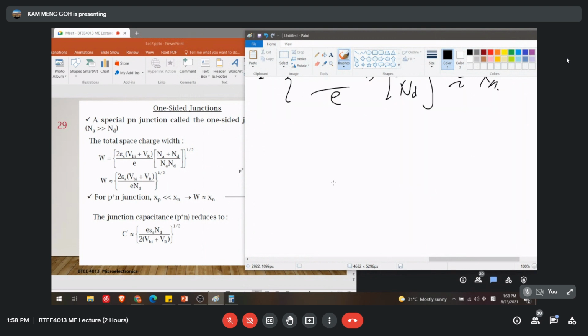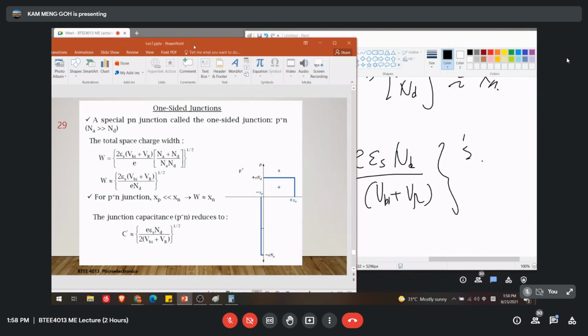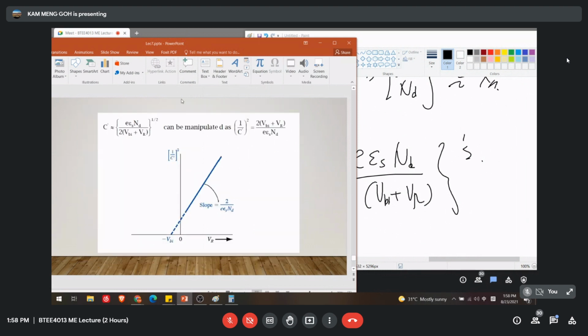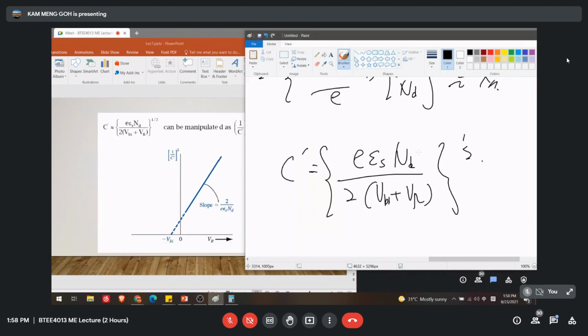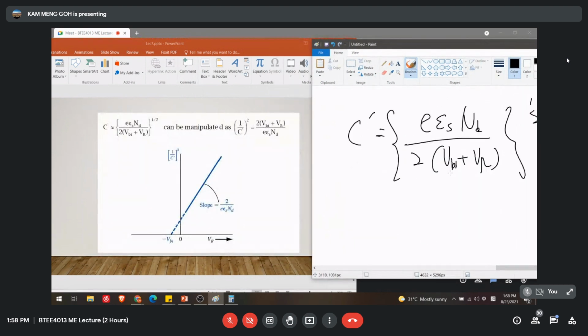And then your junction capacitance, you can also rewrite it in terms of VBI plus VR. This one we call a one-sided junction. And then you can also manipulate it into linear form. But how are you going to do it?